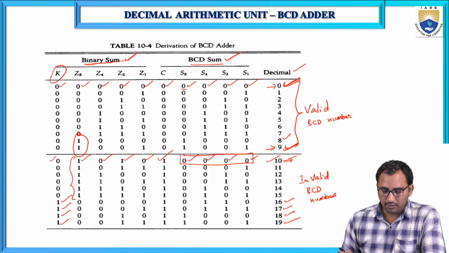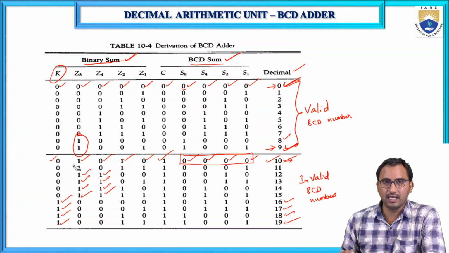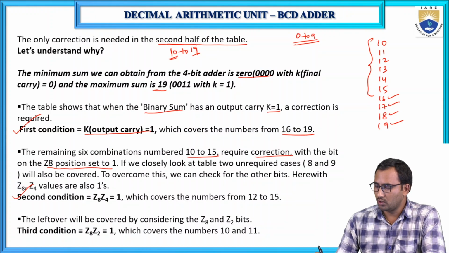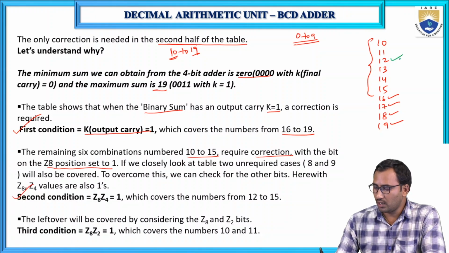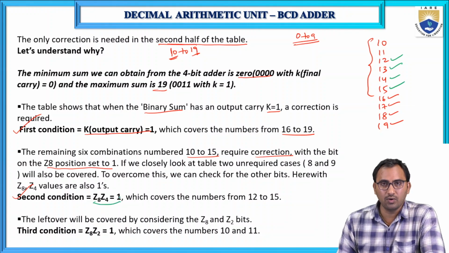So that's why we are combining Z8 along with Z4, so that the numbers 12, 13, 14, 15 are covered. In the second case, 12, 13, 14, 15 are covered by taking Z8, Z4 equal to 1.